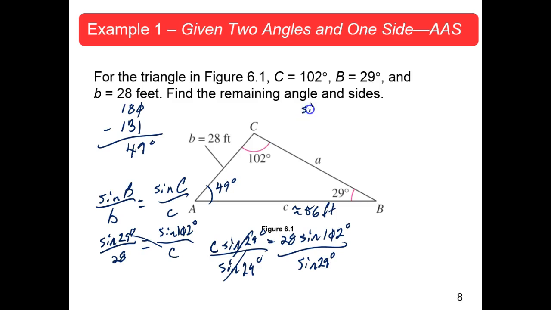It's the sine of 49 degrees over A, excellent, is equal to the sine of 29 degrees over 28. Very good. Now, actually, if you had hung on to that, you could have just used this.